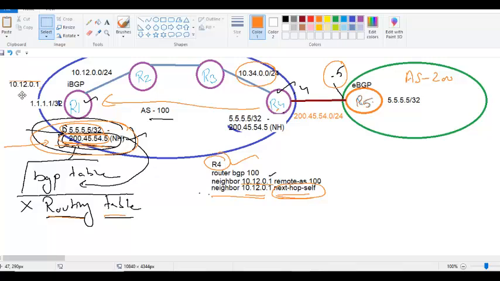So the next hop address is now changed to 10.12.0.1. This 10.12.0.1 is reachable by R1 because it is within the organization. You have some protocol like OSPF to provide reachability.